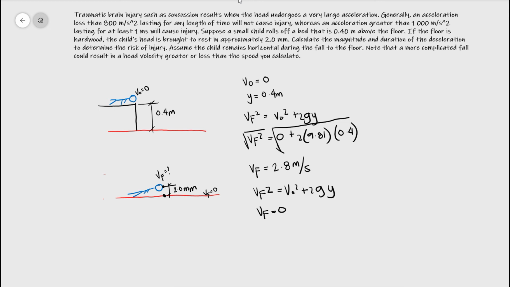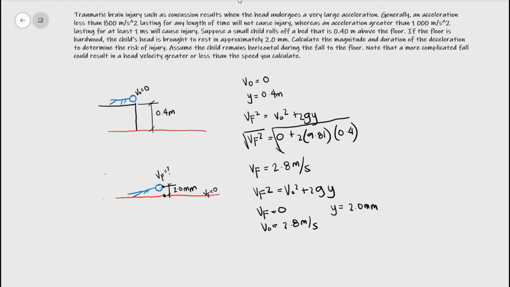The initial velocity is the velocity when he falls to the ground, 2.8 meters per second, and the height of his head from the ground is 2 millimeters, or 2 times 10 raised to negative 3 meters.